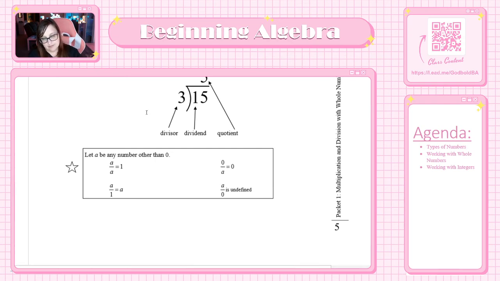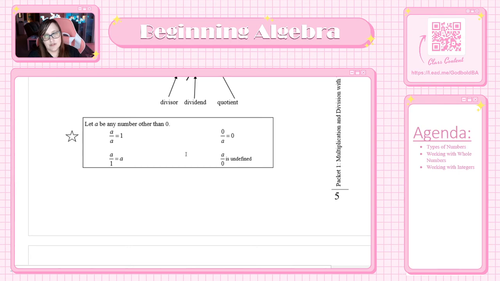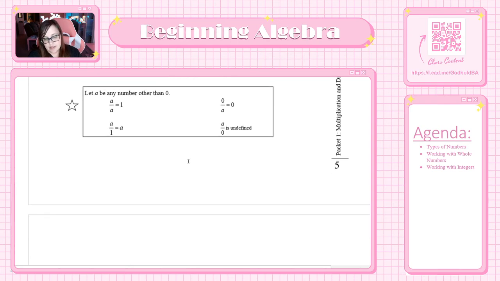It's undefined. There are a few different reasons for that. Some people want to say it's because of how many parts there are. The reason for it is mostly due to the fact that you can rewrite division as a multiplication, and I think we will talk about that later.